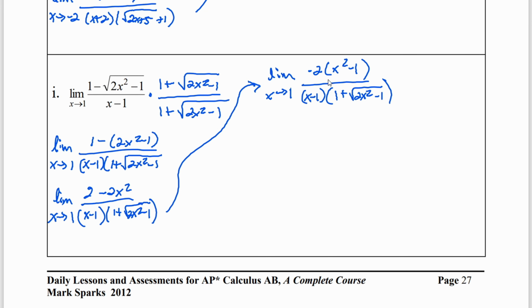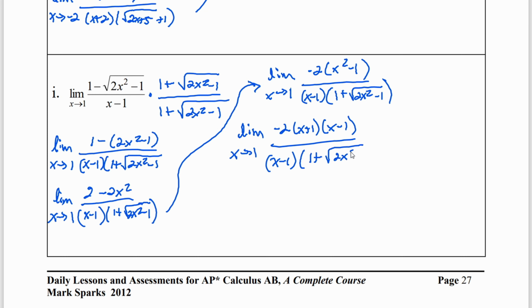But x squared minus 1 can be rewritten as x plus 1 times x minus 1 with the factors. So the limit as x approaches 1 of negative 2 times x plus 1, x minus 1, all over x minus 1, which is going to divide out, times 1 plus the square root of 2x squared minus 1.